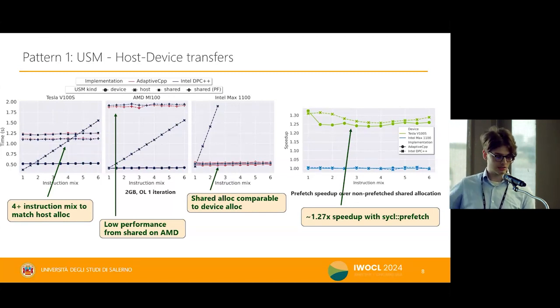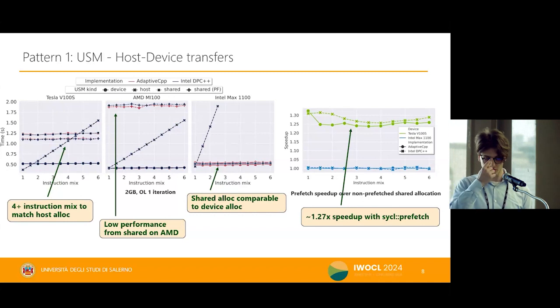For example, with an instruction mix of 1, which means that the device and the host are doing the same number of operations, we have host allocation performing even better. We need, for example, an instruction mix of 4 or more for the shared allocation to start performing better than the host allocation. So we pay a lot for the initial overhead in the allocation for the shared one.